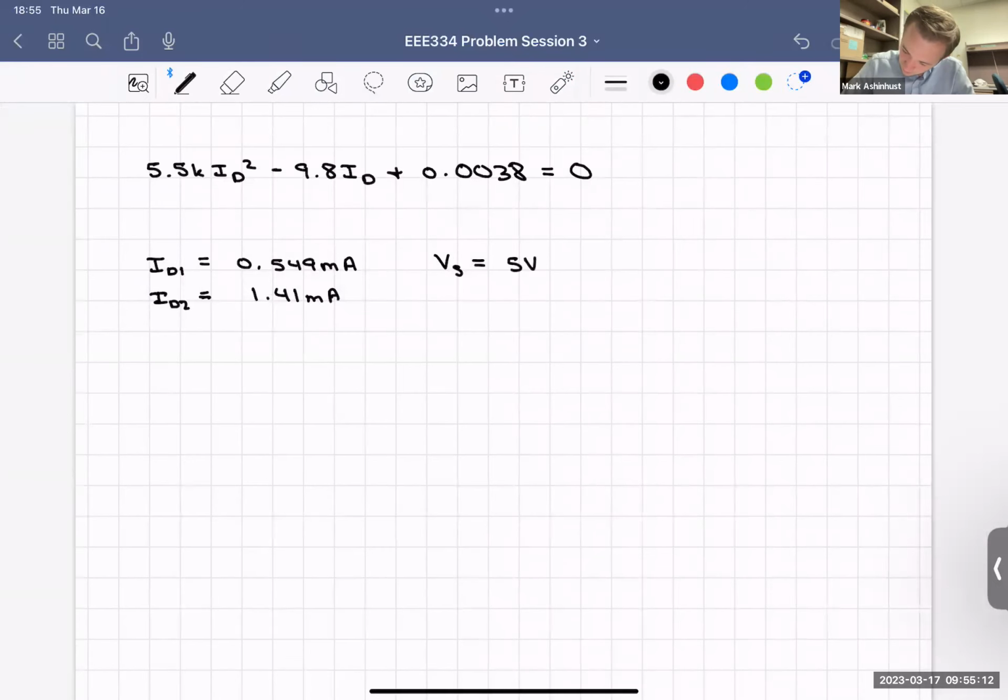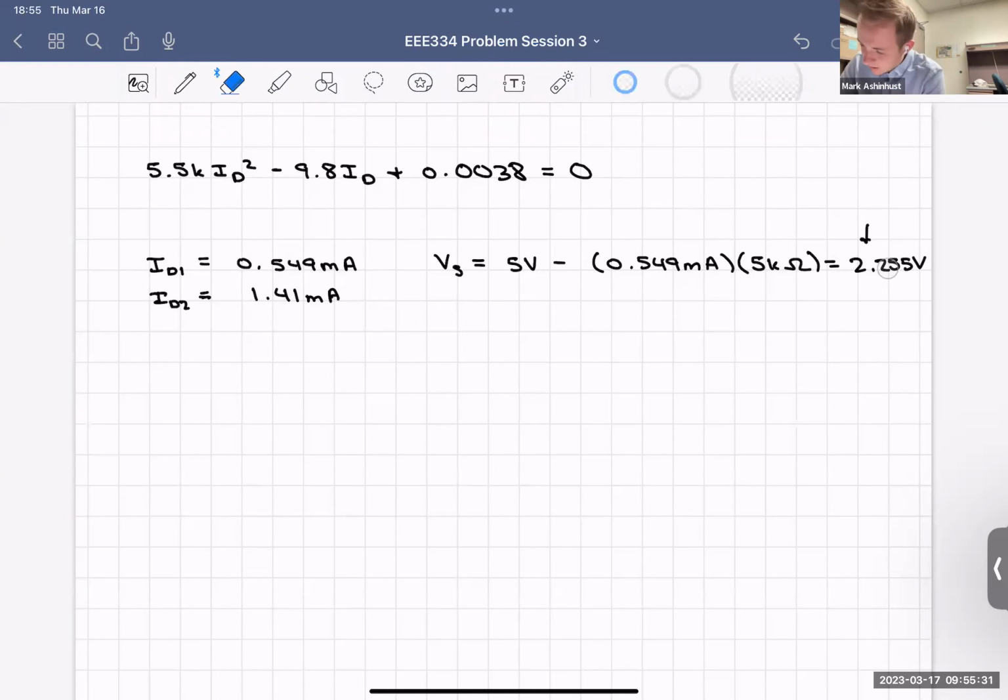So we have 5 volts minus ID, 0.549 milliamps times 5 kilo ohms, which gives us an answer of 2.255 volts. That VS, that VSG, looks good to me, but let's check ID2. I mean, why not? We're reasonably certain that it's going to be ID1.